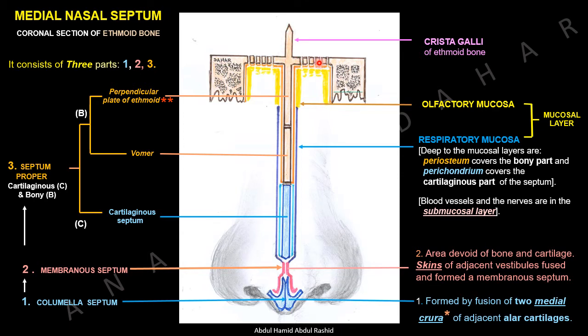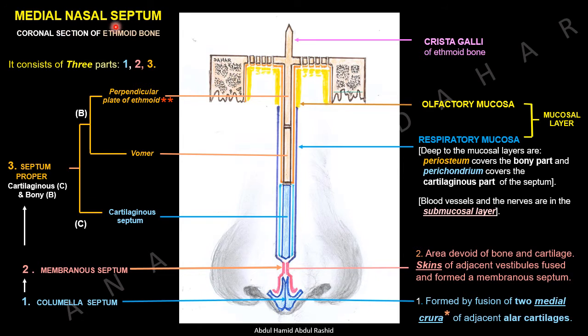These are the cribriform plates on either side. Many small foramina are there. Laterally is the ethmoidal lateral mass. This is the downward extension of the crista galli, called the perpendicular plate. Now we are going to continue.